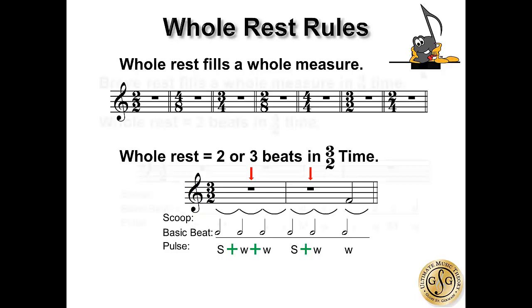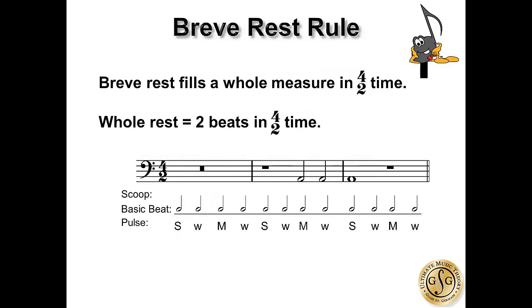Now in 4/2 time, a breve rest fills the whole measure. A whole rest receives 2 beats of silence for the strong plus weak, or a whole rest receives 2 beats of silence for medium plus weak pulses.